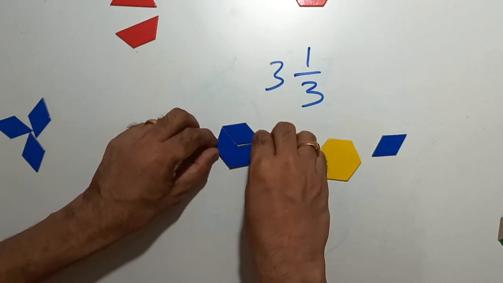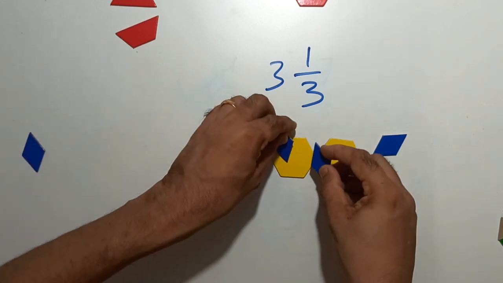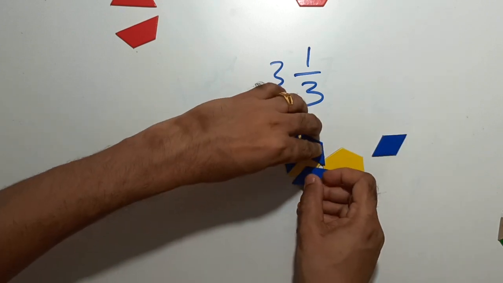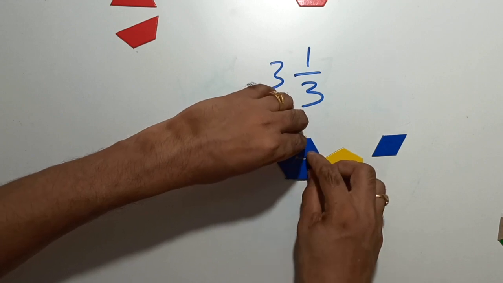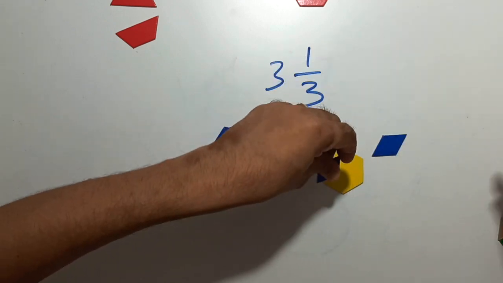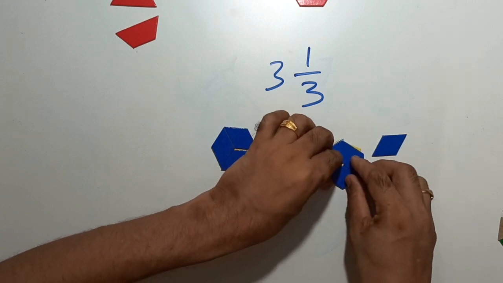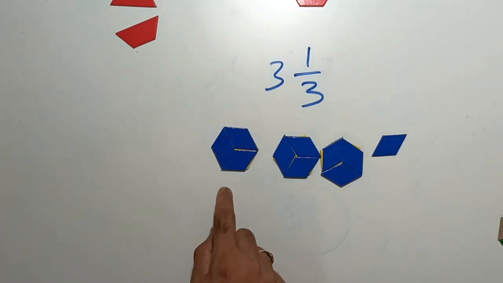Okay, so each piece will look like this, 3 like this, and then 3 like this, and 3 like this, right? So I've got 3 wholes and 1 by 3.